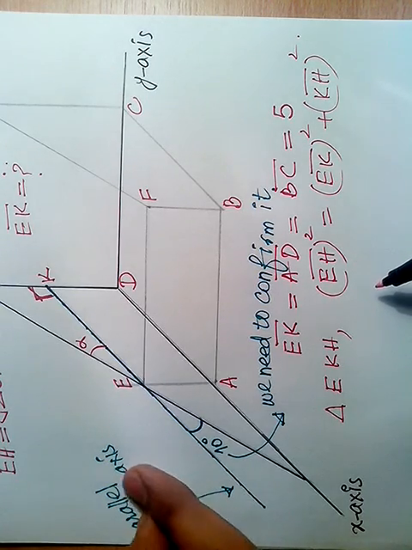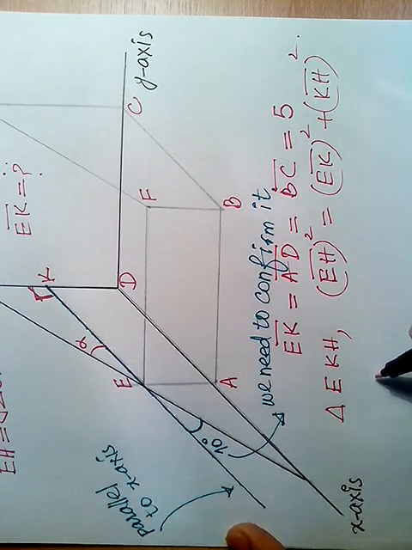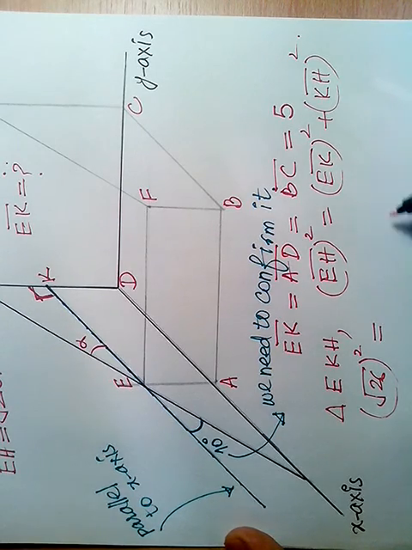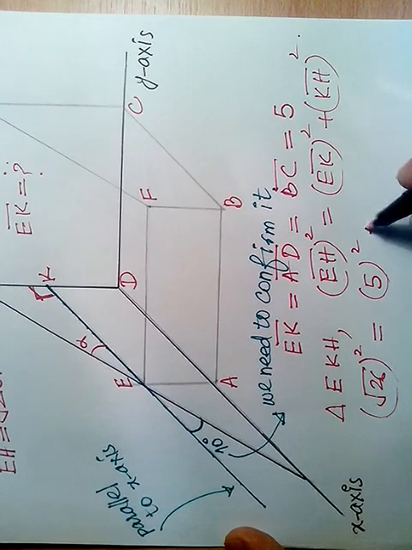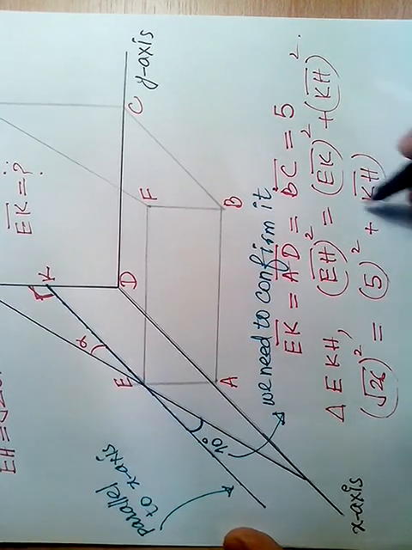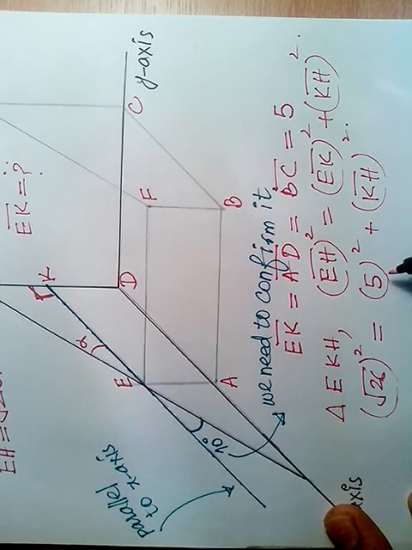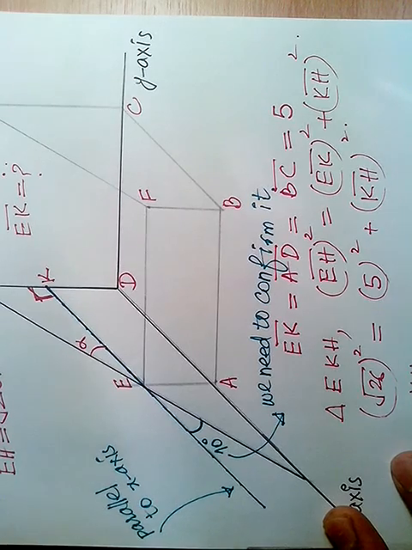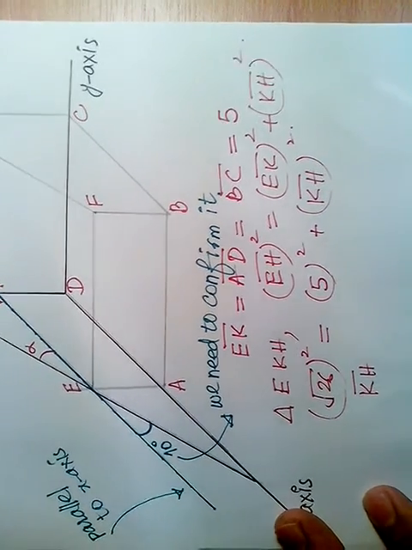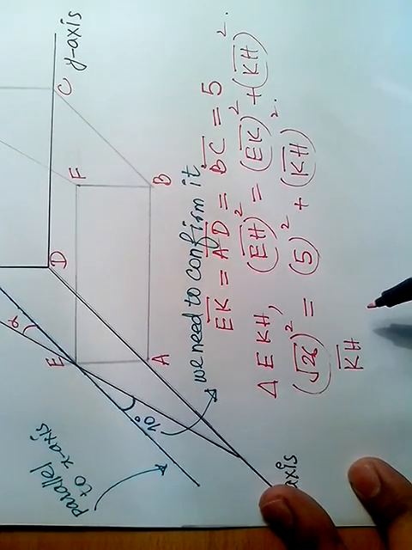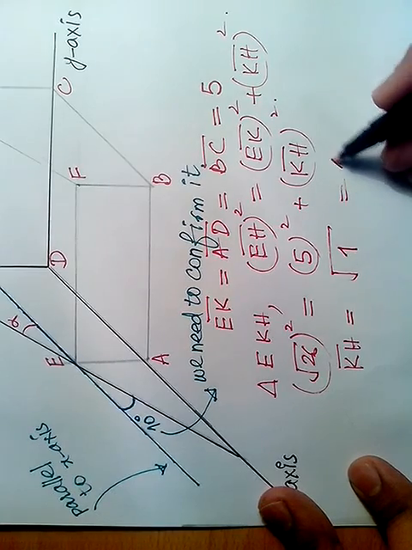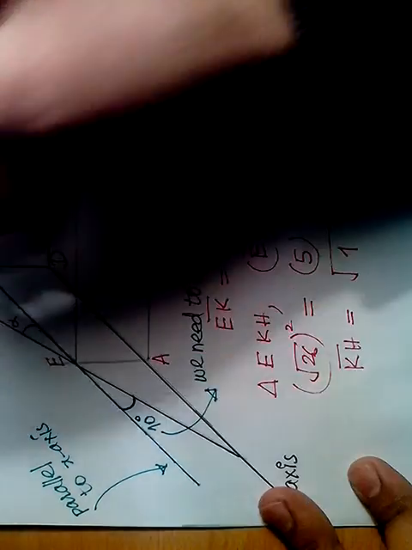EH is square root of 26, so square root of 26 whole squared equals EK, which we know is 5, squared, plus KH, which we need to find. This is going to be 26 minus 25, which is 1, and KH is going to be the square root of 1, which is 1. So KH is 1.